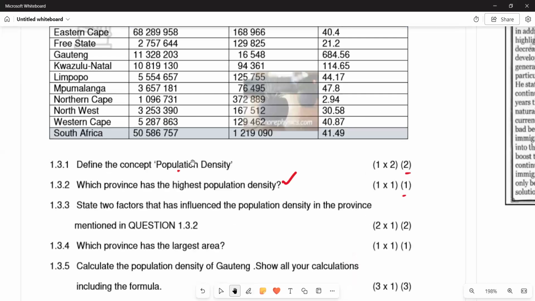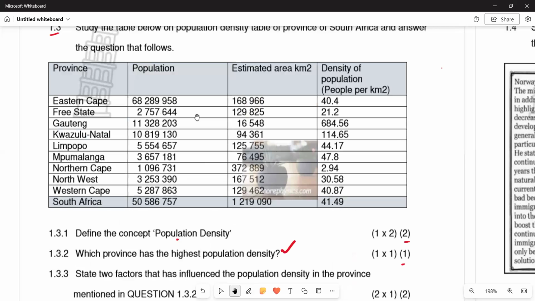We are given a table with a column for population density, so we just go down and see which is the highest figure in terms of population density. If you compare the figures, you will see that Gauteng has the highest figure, which is 684.56.